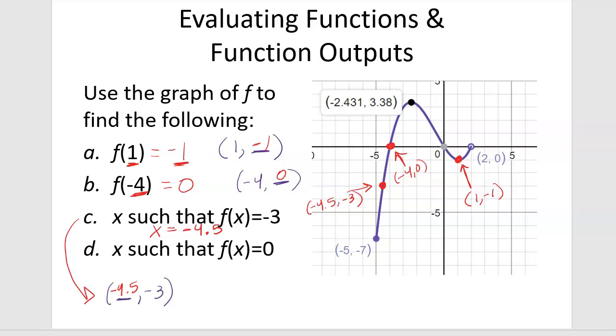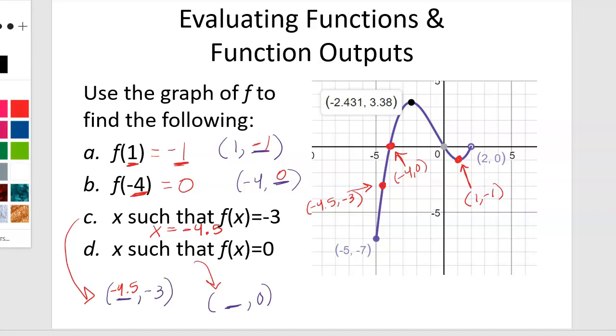So for part D, we are going to think about when do we have an output of 0? What x values give us this output of 0? So I'm going to switch to a different color here, maybe green. When I have an output value of 0, I actually have two spots. I'm going to do these in green so they'll stand out.